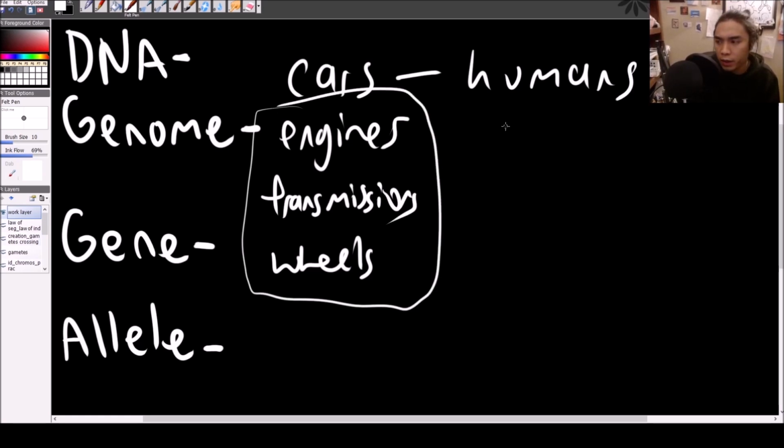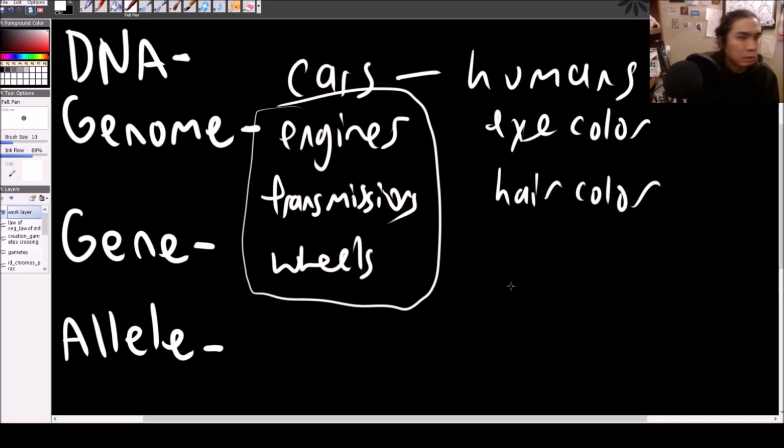And humans all have eye color, unless you don't have eyes, but let's not think about it too much. They all have hair color. And they all have fingers.